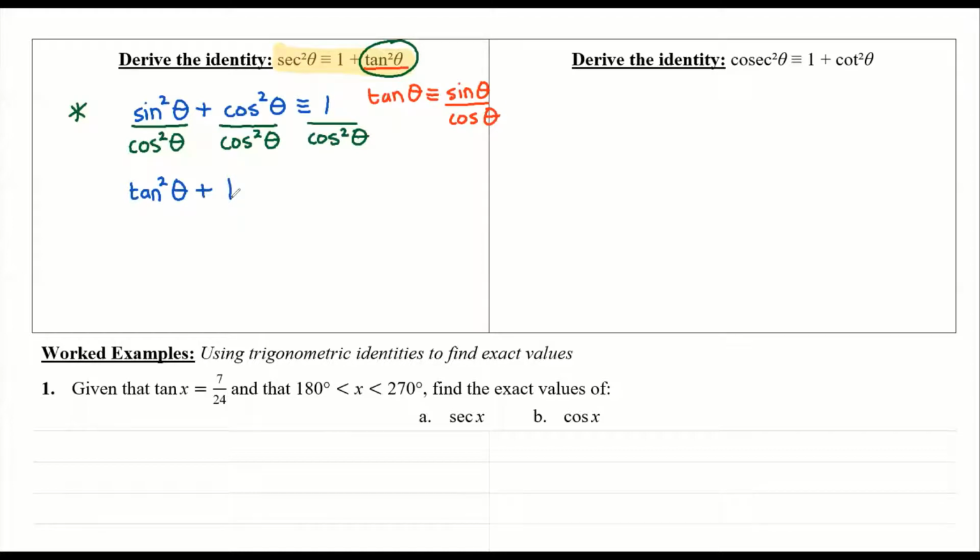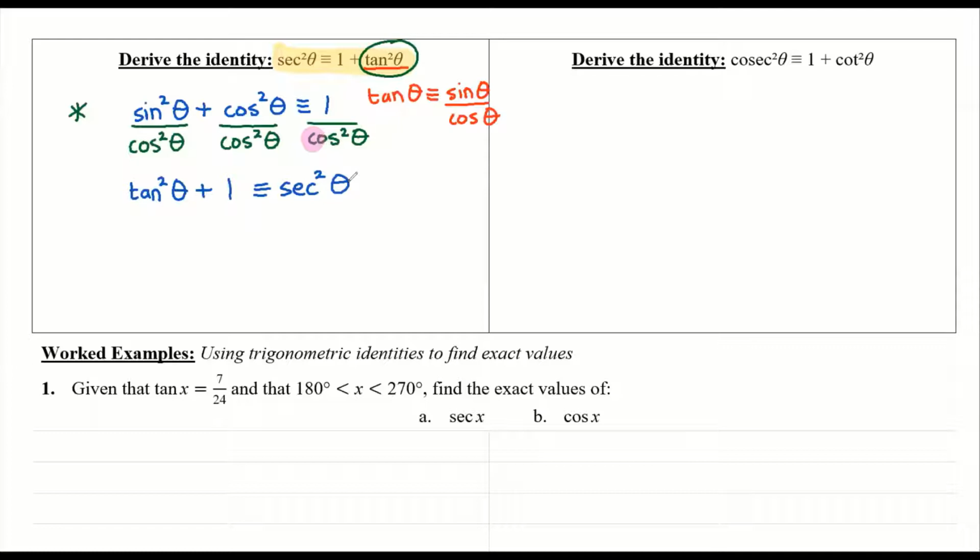So remember the third letter rule of the new trig functions corresponds to the first letter of our original trig function, which was c. So this must be sec squared. Okay. And there we have the identity. I mean, it's not written in the same order, but it's the same identity nonetheless.